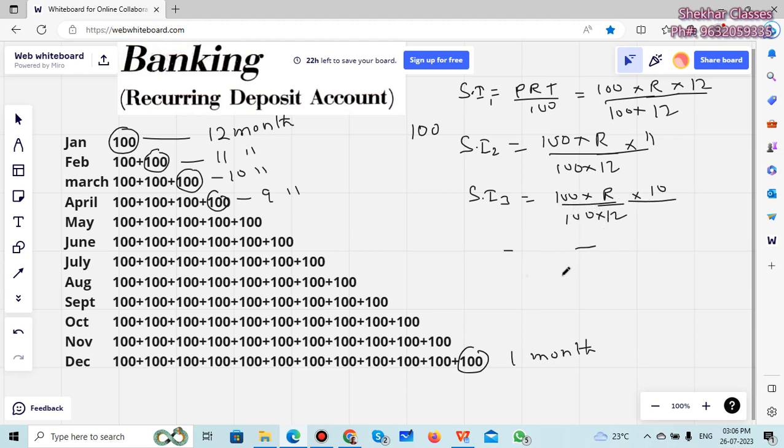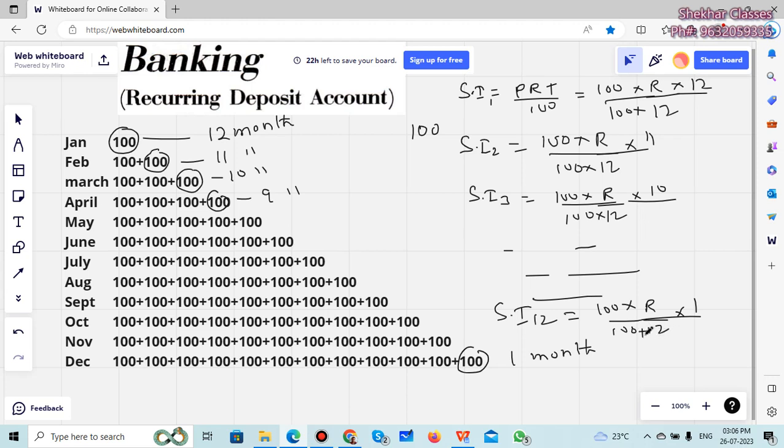Now keep on going, and finally for the last one, that is SI 12, it will be 100 into R by 12 into how many months? 1, upon 100. Is it clear? Fine.